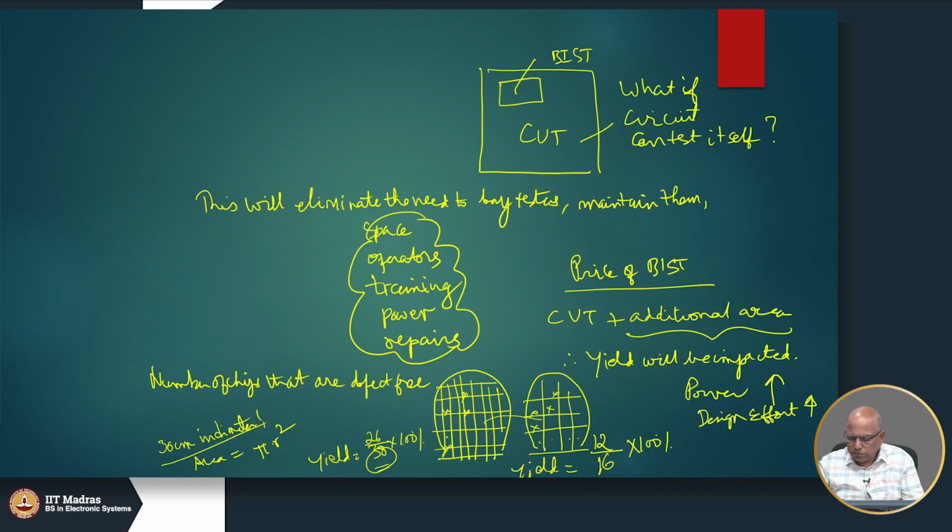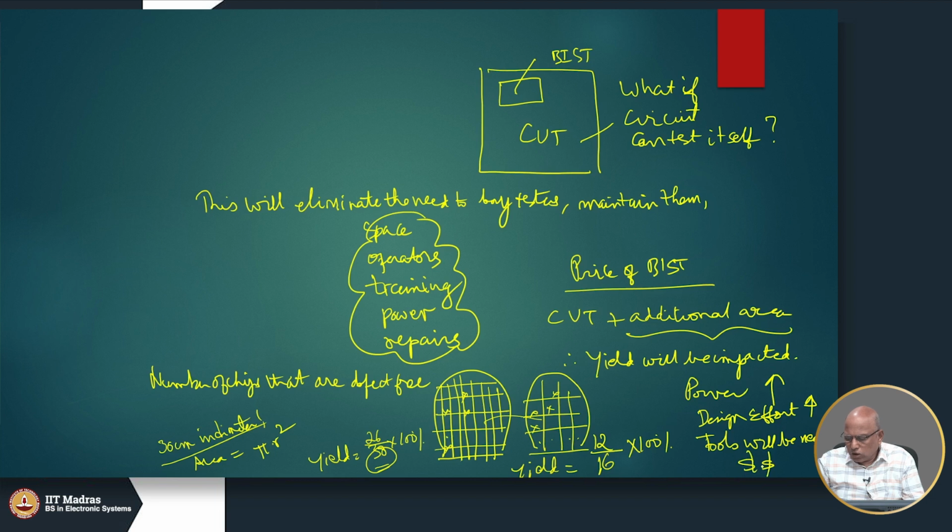So we will need more people to design, and that will make it expensive. We will need more tools, and different tools will be required. Earlier we were using ATPG tools, etc. Now we will need BIST tools. Those tools will also cost money.